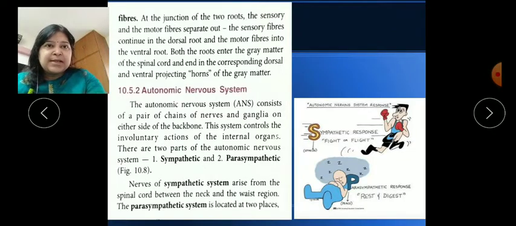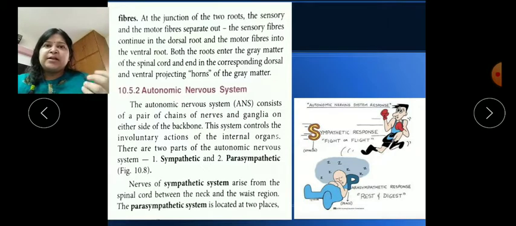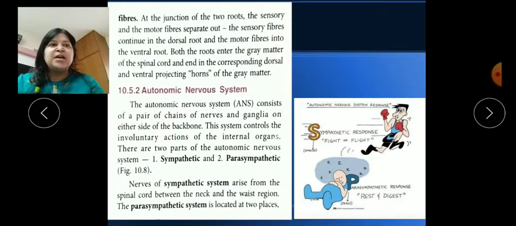Now the autonomic nervous system. Children, sometimes you have done some mistake and you are afraid of your parents or your teachers. In that case, you know what happens in your body: your heartbeat increases and some symptoms come, okay. You have some stress, because ma'am can give you punishment or your parents can slap you, okay.